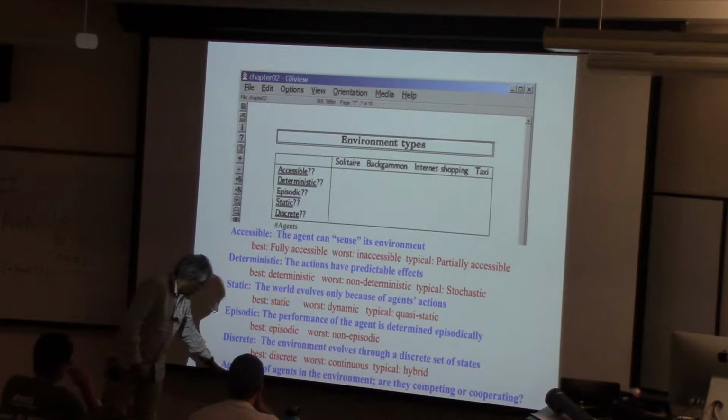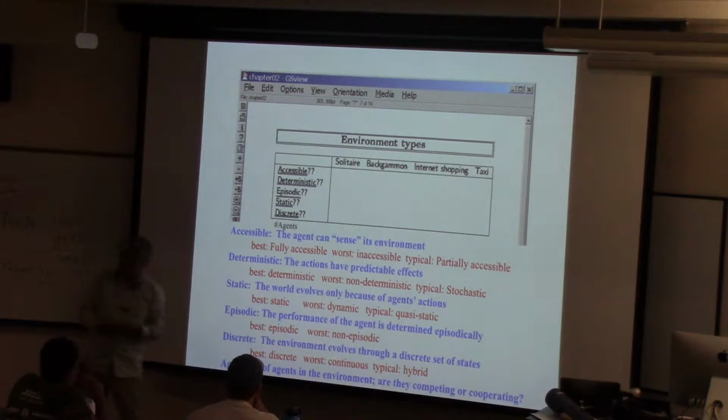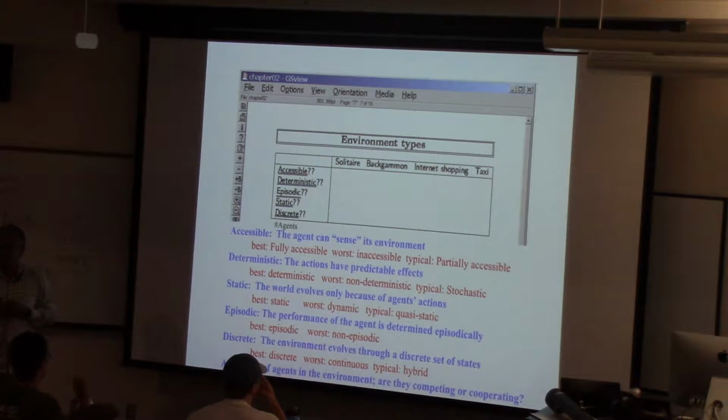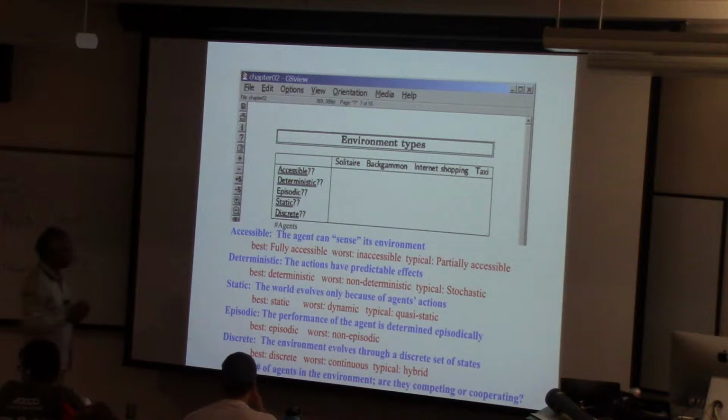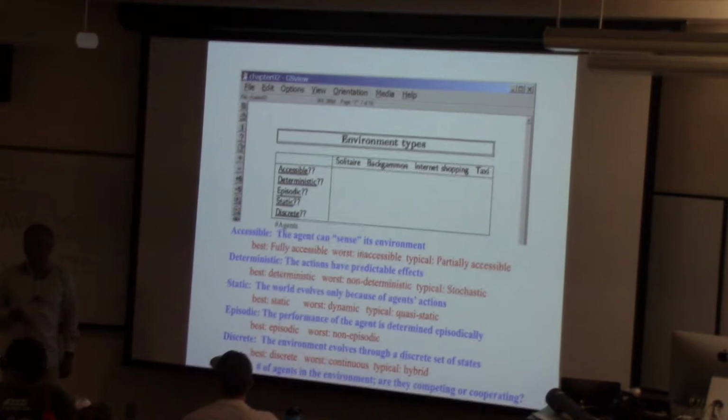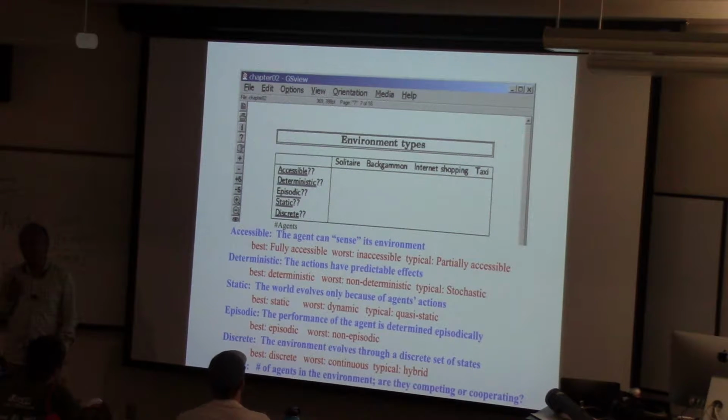But so the discrete versus continuous: is the state trajectory a set of continuous states, or is it a discrete set of finite states? That makes a difference. And similarly, the number of agents in the environment: are they competing or cooperating? In fact, agents are part of the environment.